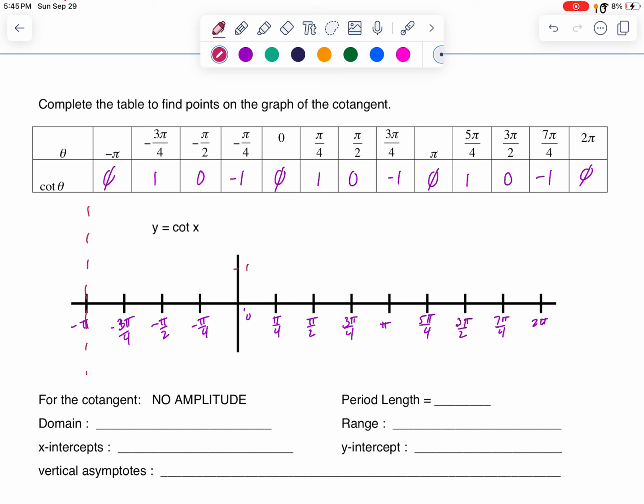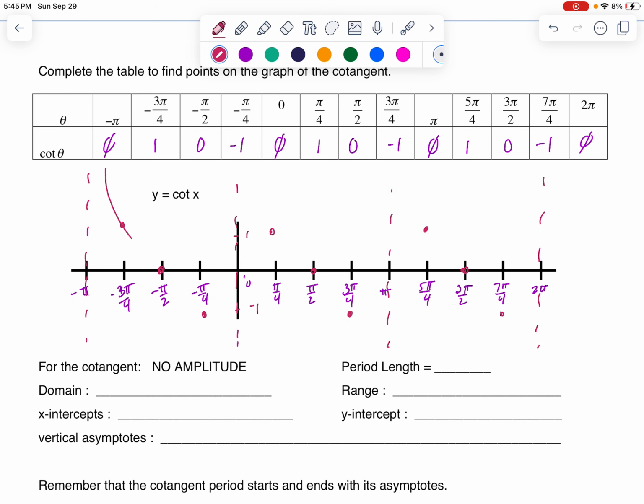Negative 3 pi over 4, we are at 1, we're then at 0, then at negative 1, then undefined. Go ahead and fill out the rest of the points. Alright, and here are my graphs for cotangent. Again, it's very similar to tangent, but now it's just the reciprocal, so everything is reversed. Right, so if this was my graph for tangent, it's going to be the reverse of that.